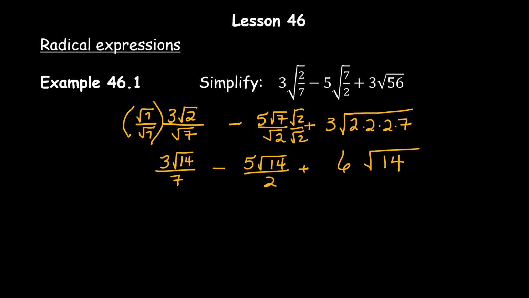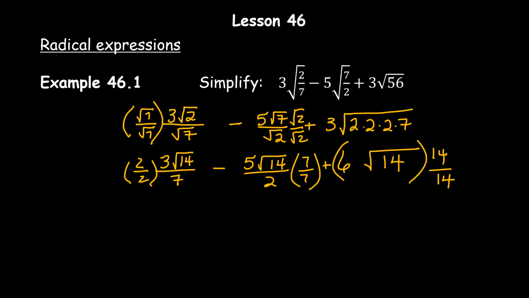All right, so common denominator here is going to be 14. 7 and 2, least common multiple is 14. So I need to multiply the top and bottom of this first fraction by 2 over 2. And I need to multiply the top and bottom of the second fraction by 7 over 7. Multiply this by 14 over 14.